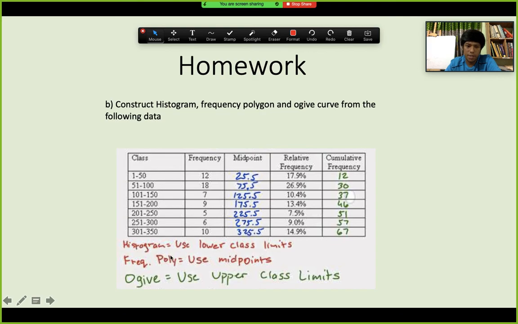As I said, for the histogram use the lower class limit. For the frequency polygon use the midpoint. For the ogive curve use the upper class limit. Lower class limit means in this case 151, 101, etc.